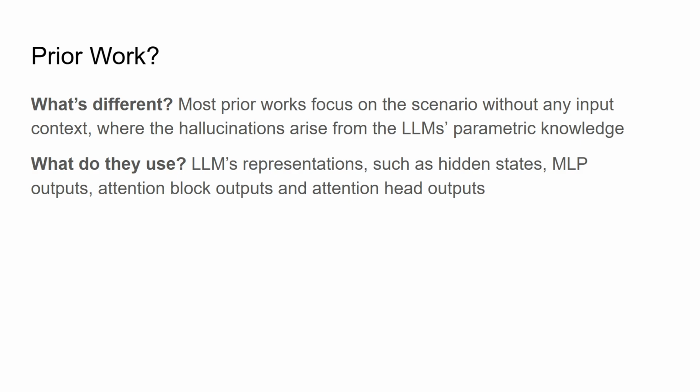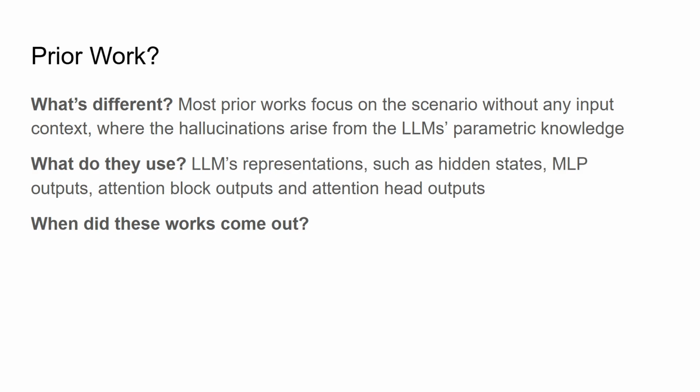And what do prior works use? They use things like hidden states, MLP outputs, attention block outputs, attention head outputs. So all of these are basically some kind of hidden state used to build classifiers for hallucination, or to figure out a classification boundary for what a hidden state looks like when the model is hallucinating, sort of.